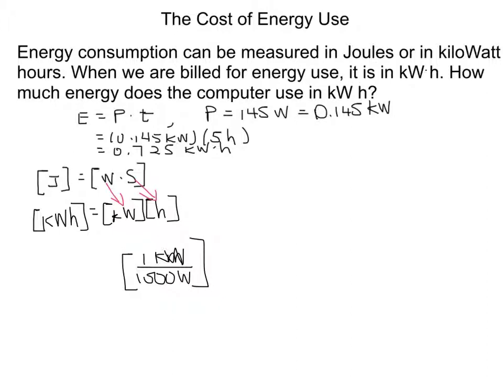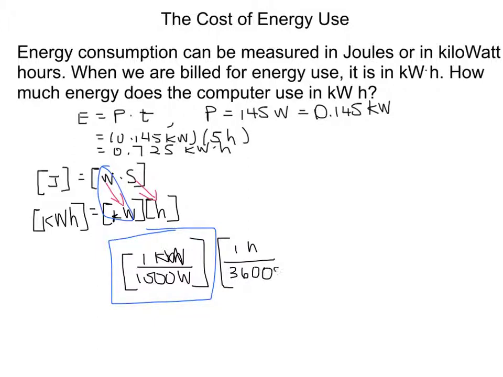So this is my conversion factor. And we'll do the conversion factor for seconds to hours. I need hours on the top then. And there's 3,600 seconds in an hour. So that's my conversion factor for this part here.